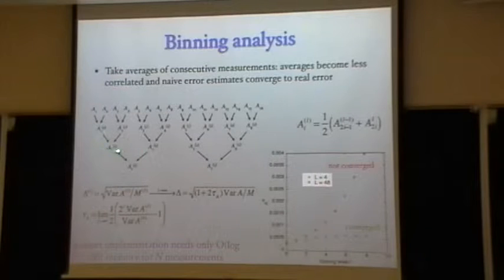Next, we take the mean value of 4, then of 8, 16, and so on, and we increase the bin size. And the bigger we make the bins, the smaller the correlations between bins will become. So when we then plot the errors that we get as a function of the binning level, the errors go up.